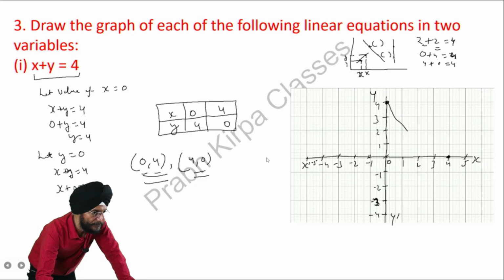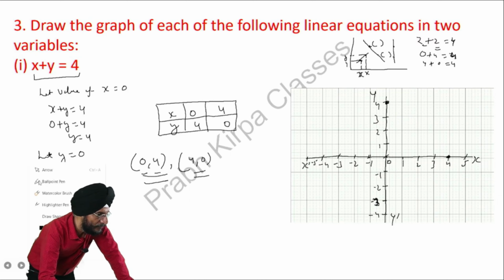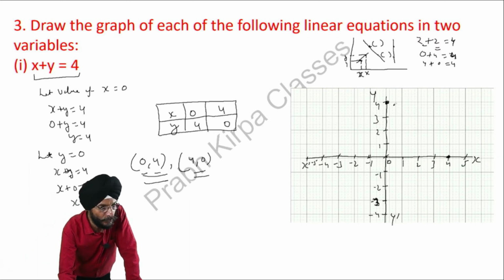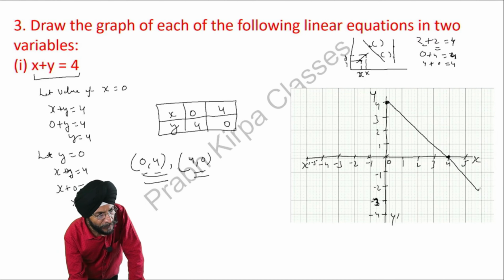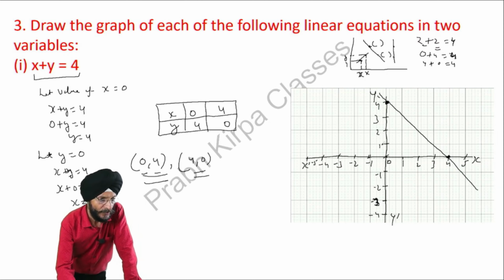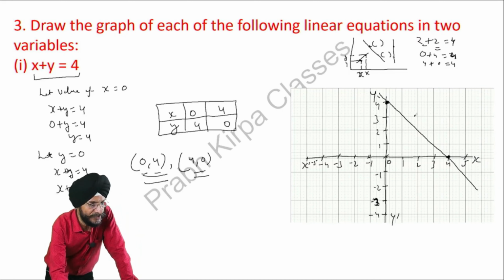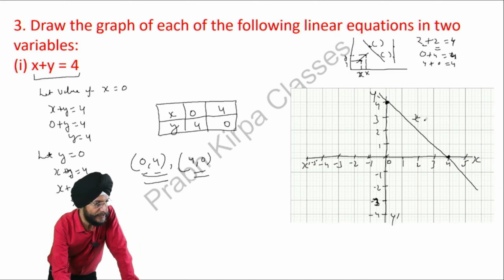Here it has been roughly drawn, or I have been unable to join the two properly. Here it will be in this form. So here the equation is x plus y is equal to 4.